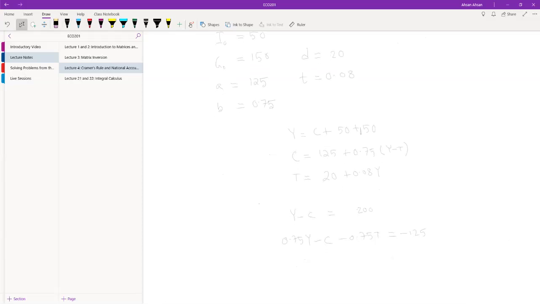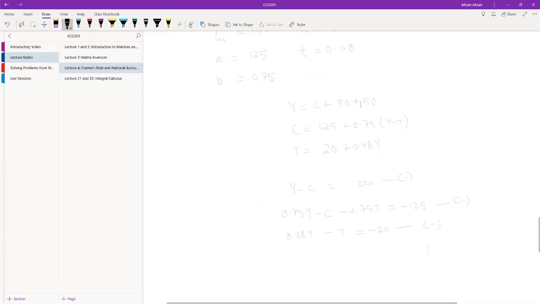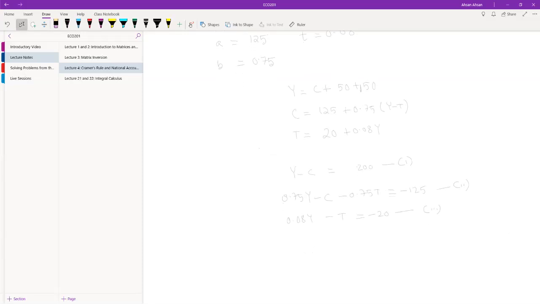And the third equation will be 0.08Y, no C here, minus T equals minus 20. This is, of course, equation 1, equation 2, and equation 3. We have three equations and three variables, so a 3x3 system of equations, and we can solve them.